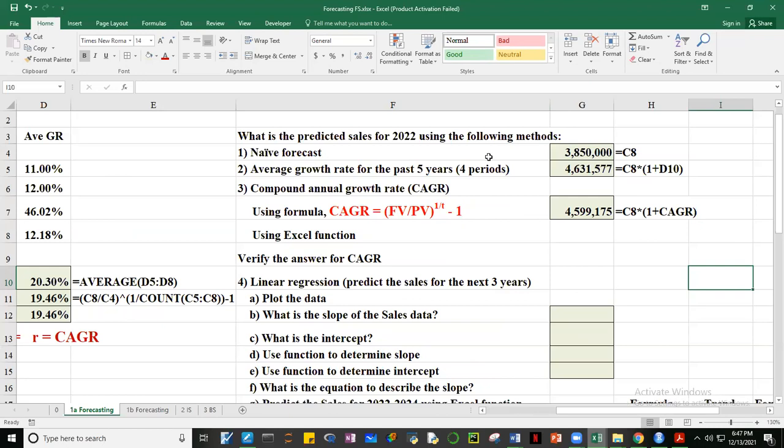Ibig sabihin clear na so far up to this point. Okay, good. Let's wait for the others.